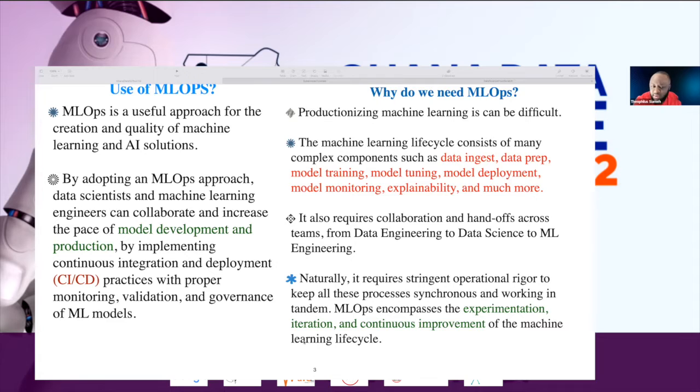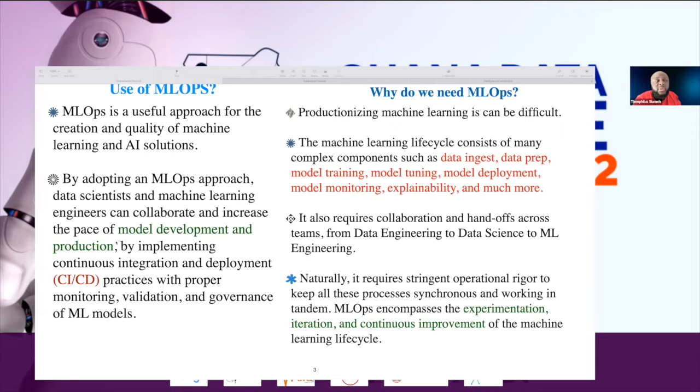It also requires collaboration and hand-offs across teams, from data engineering to data science to ML engineering. That's where the collaboration comes in. You're not going to be working alone. Naturally, it requires stringent operational rigor to keep all these processes synchronized.